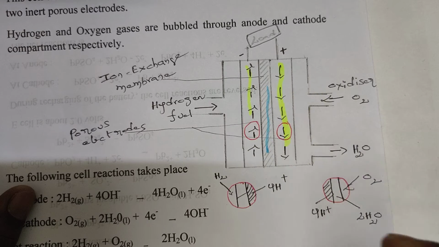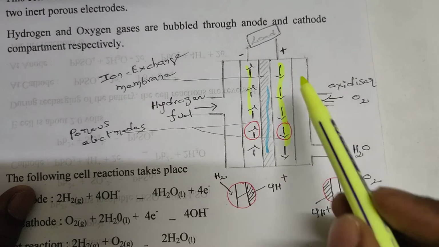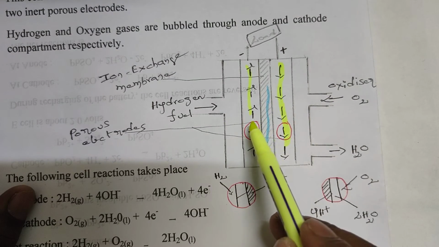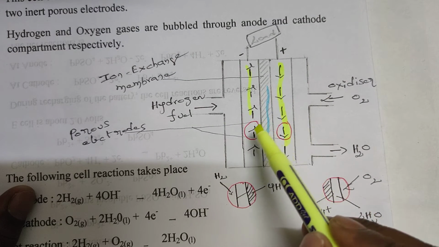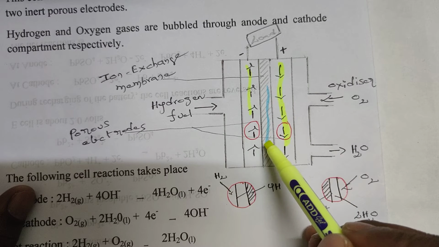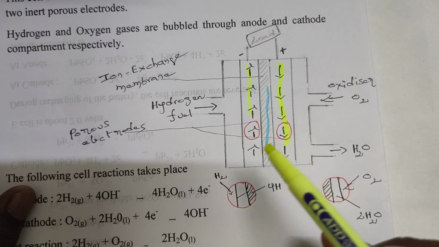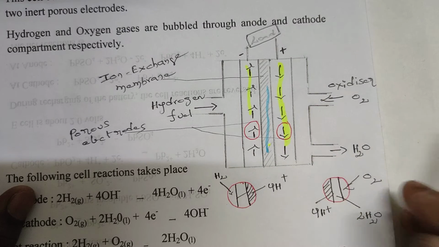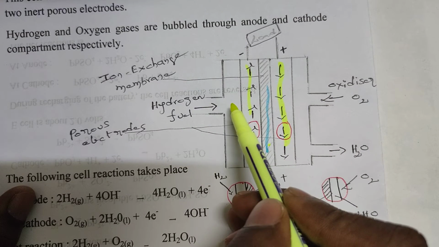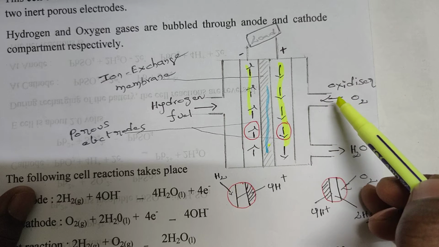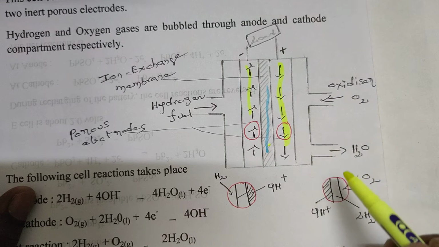Then the chemical reaction occurs. So from the left side we should supply fuel and from the right side we should supply oxidant.